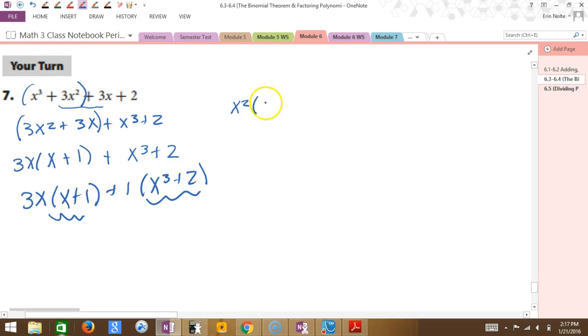And we have an x plus 3. Okay. And then what could we take out of that one? Plus 1. We still get a 3x plus 2.